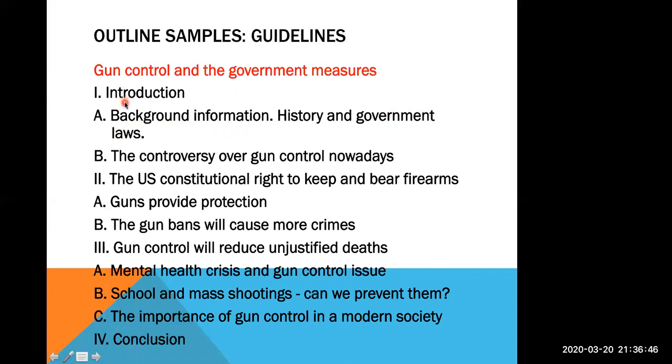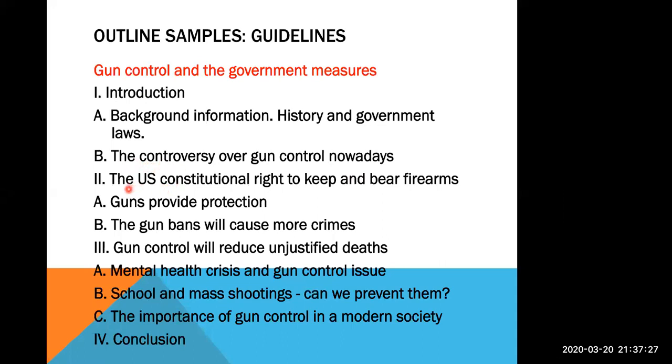In the major heading of his introduction, he included 2 subheadings: background information, history and government laws about gun control and the government measures, while in subheading B, he brings up the controversy over gun control nowadays. So in fact, if you link these together, you will find that these 2 subheadings are closely associated with the main heading, right? So the subheadings should not be separate, they should be related.